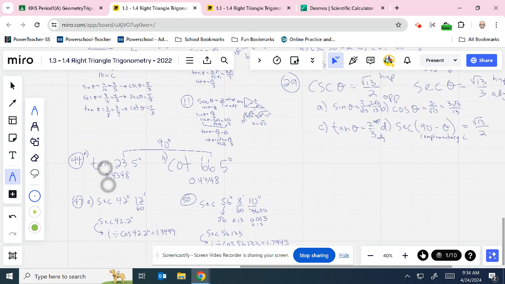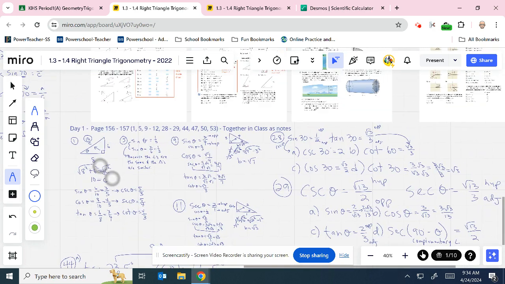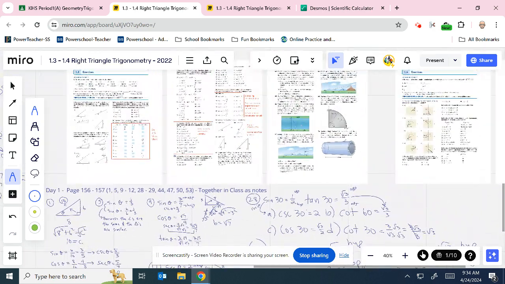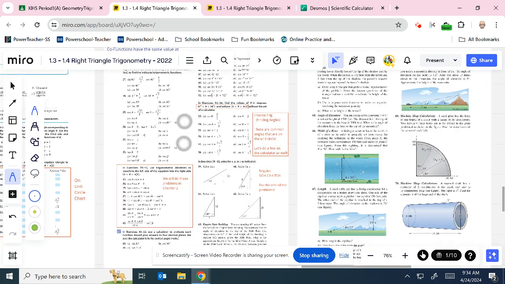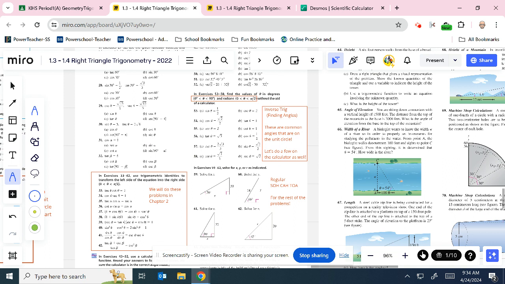So it was 50, and then there was one left, was 53. And it's just asking you to use your chart. So 53 is not asking you to use a calculator. It says without the aid of a calculator. So 53, they want you to find the right angles. This is like inverse. It's like using the -1 buttons.